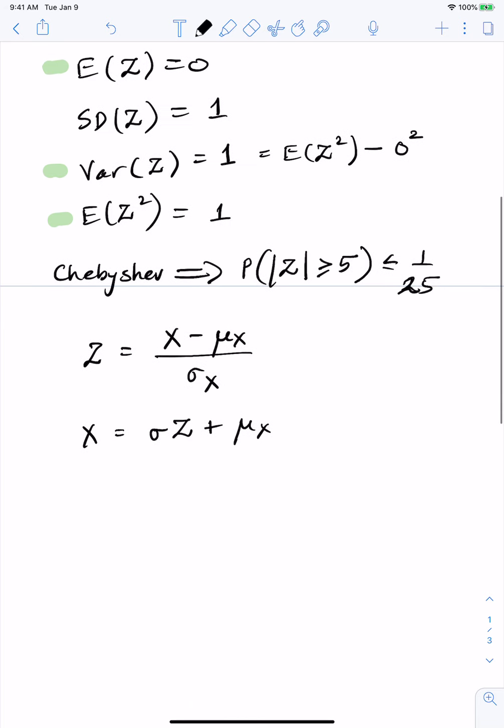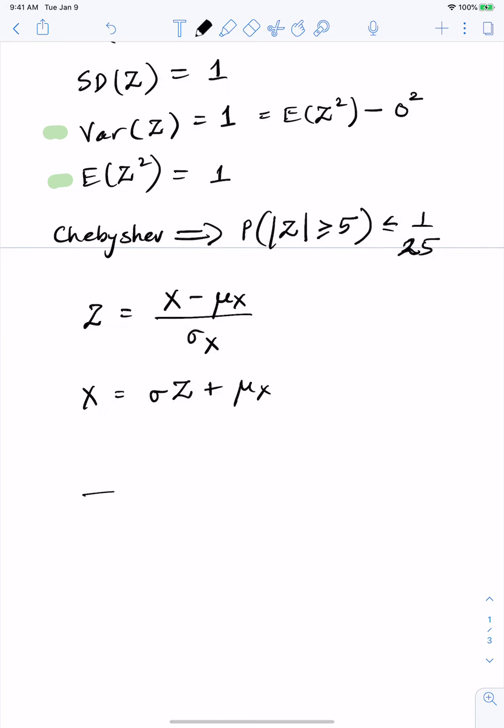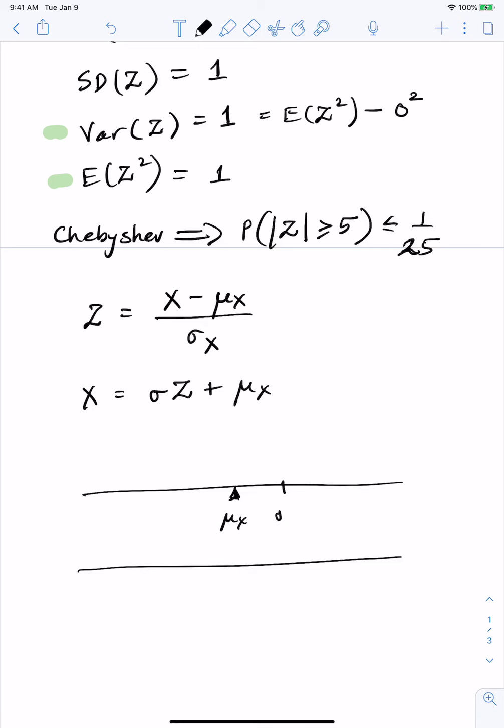I like to draw my two axes. That's my x scale and there's my z scale. So here I have mu x.